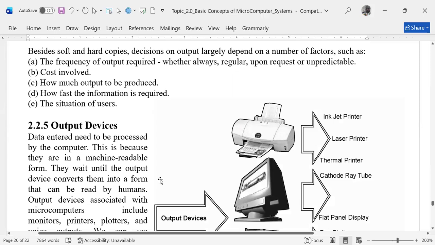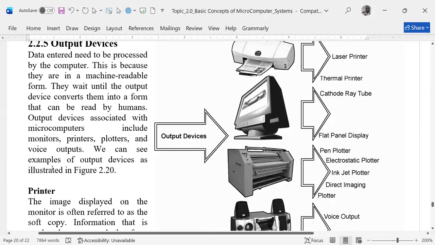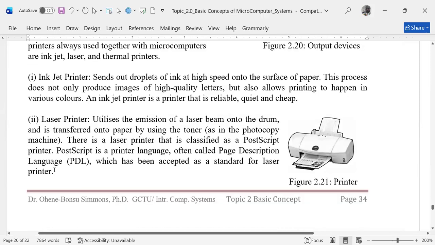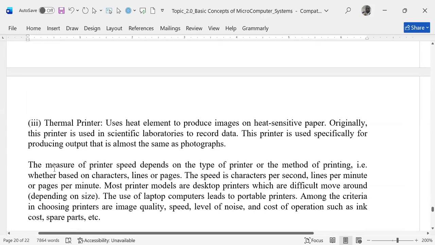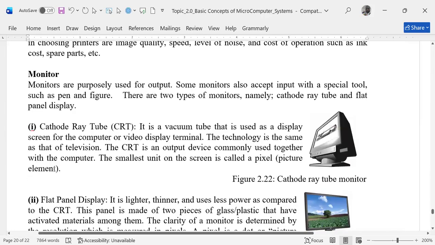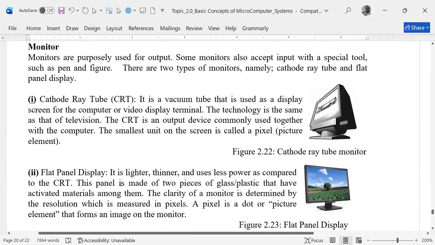Output devices, we have additional output devices like printers. Printers, we have different types. Monitors also here. We have two key types today. One is called cathode ray tube, normally called CRT.